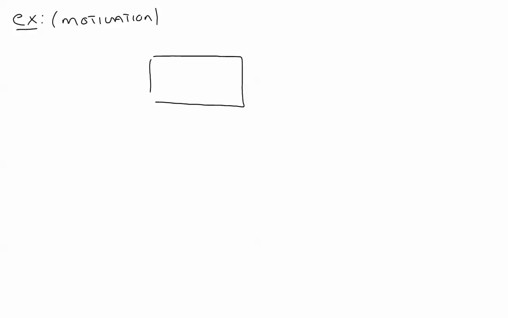I'll call this an example, but it's really not an example. It's mostly just a motivation. So, for example, what if I have something that looks like this? What if I've got a linear system of some sort?